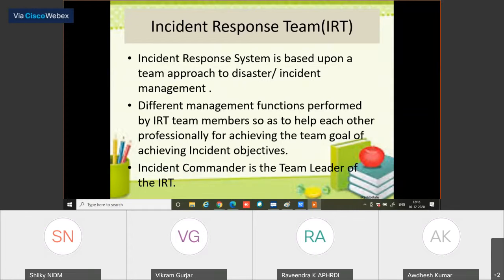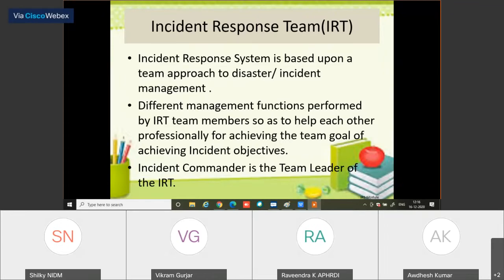So we can very well say that this IRS is a flexible system. Flexible in the sense that if we need only the logistics section to become active, we can ask them to become active for a certain period of time.